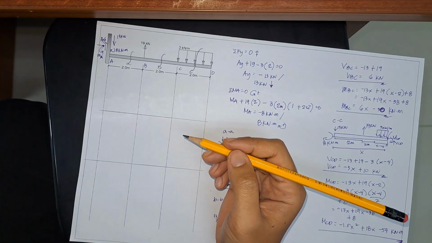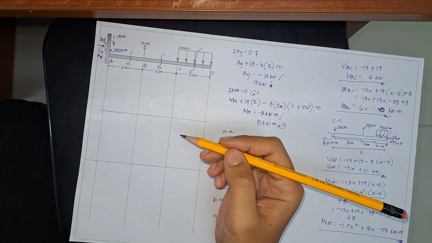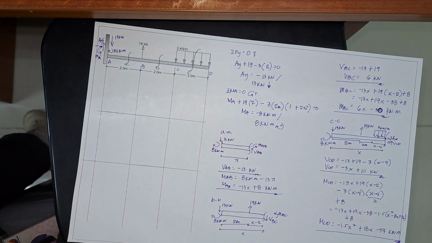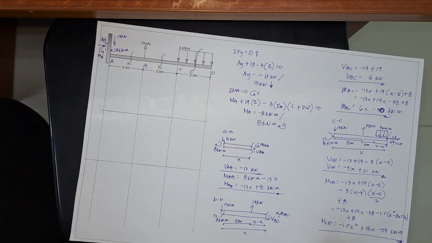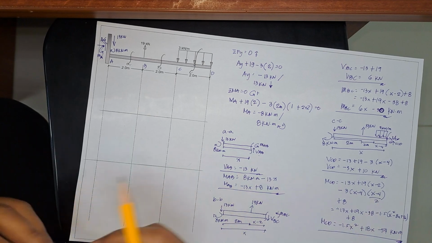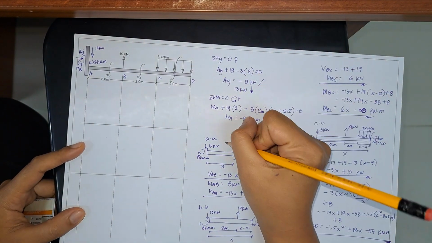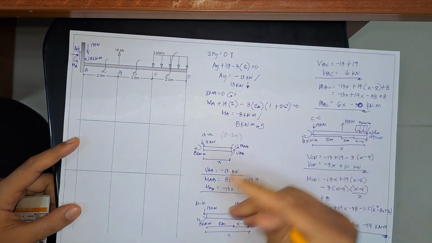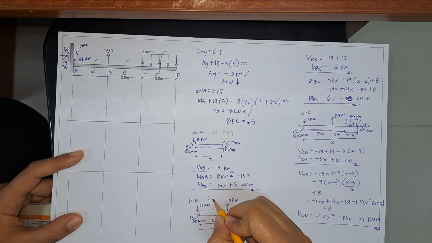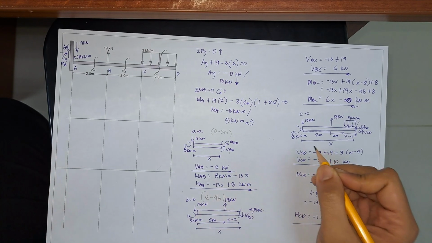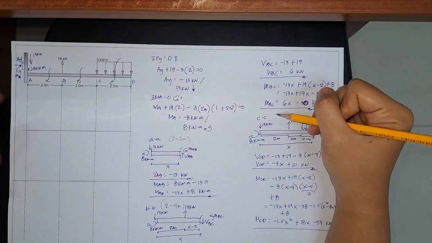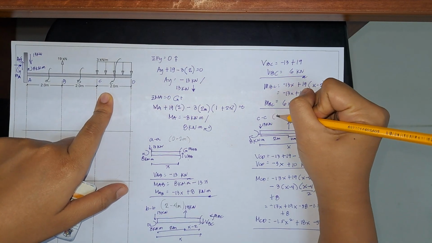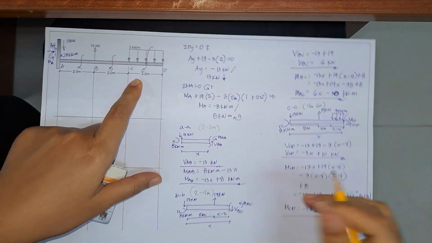Okay, so identify muna natin yung mga distances na gagamitin natin per segment. So for segment AB, we will be using distance 0 to 2 meters. So BC, 2 to 4. And then we have here CD, 4 to 6. Okay.